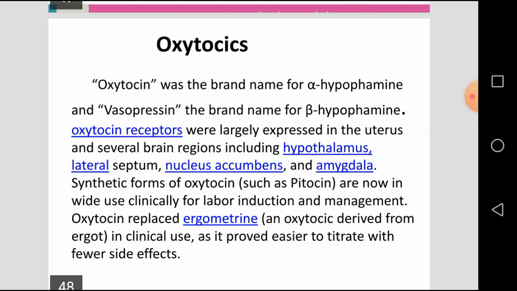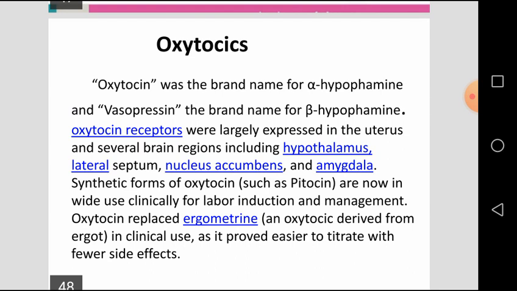Then coming to the oxytocics. So what are the oxytocics? Oxytocin is the brand name of alpha hypophamine, or vasopressin, the brand name for beta hypophamine.